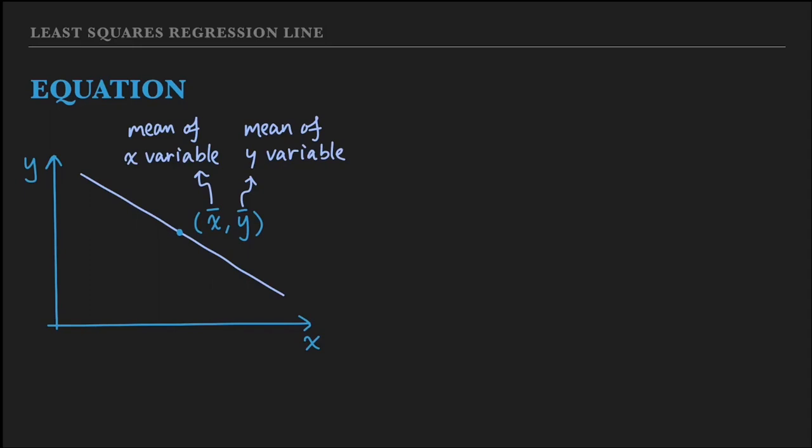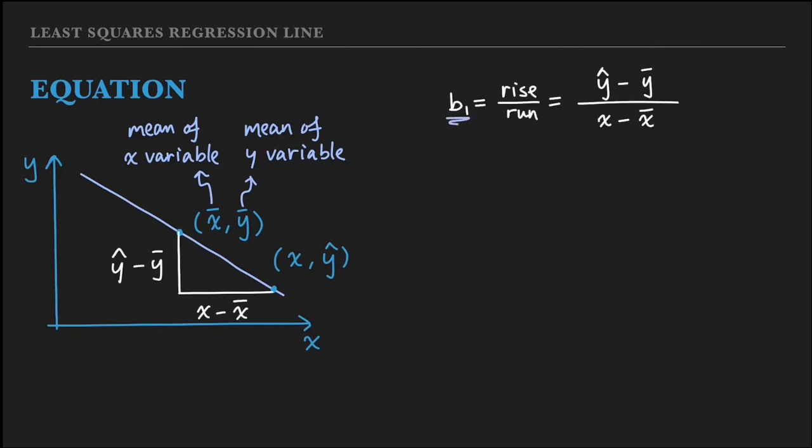In order to determine the equation of the line, we locate another point on the line, x, y hat. Since the slope is rise over run, we subtract the coordinates and divide the differences. Rearranging, we now have determined the skeleton equation of the least squares regression line.